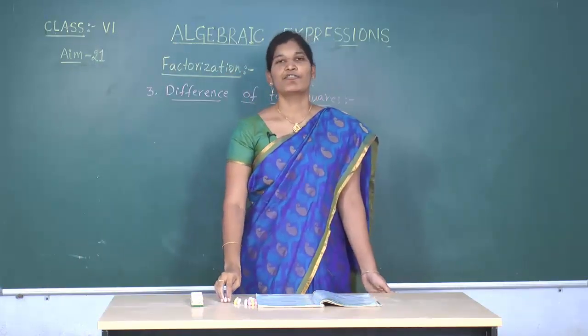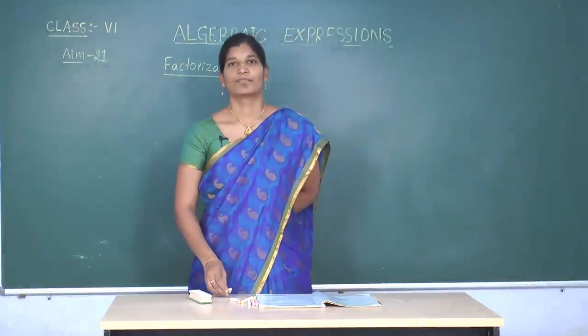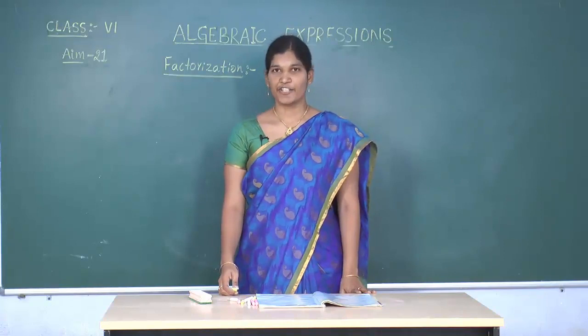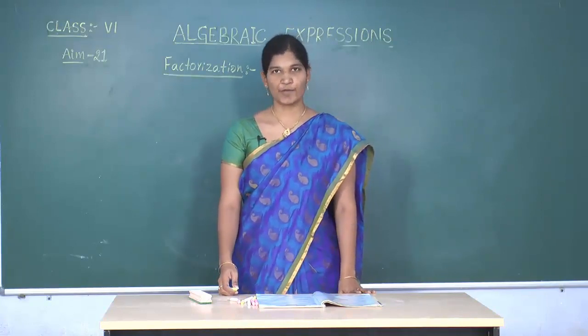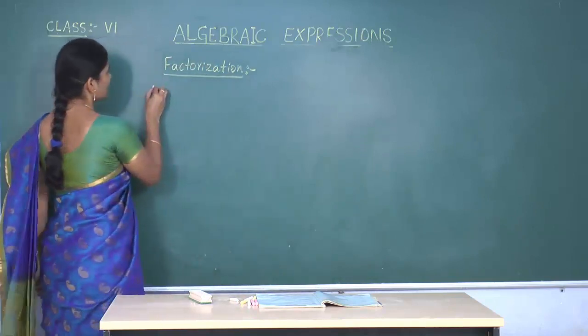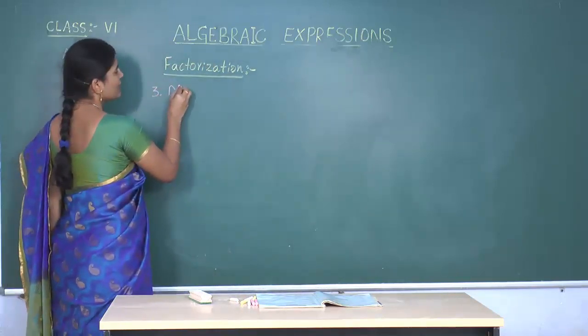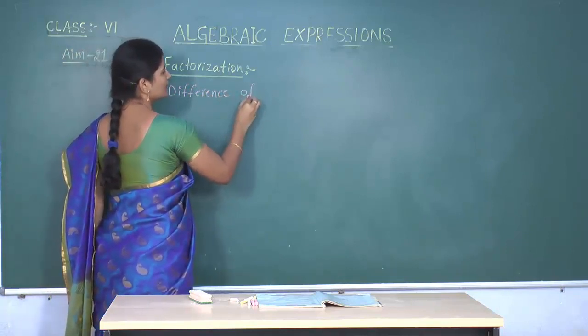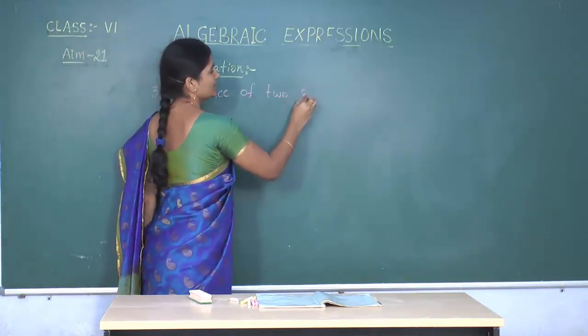In this method, now the third type of the factorization is difference of two squares.